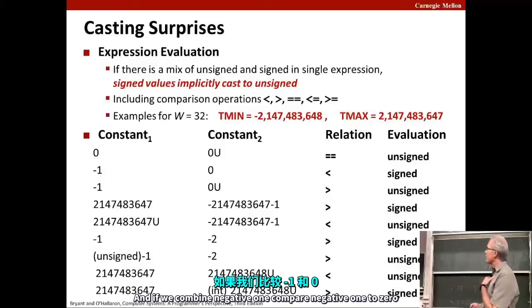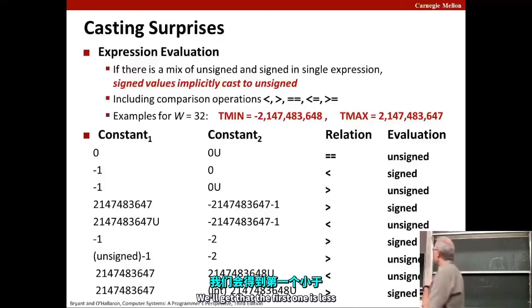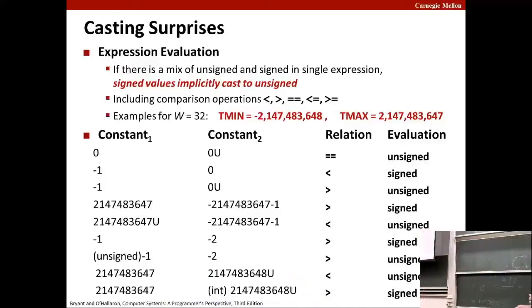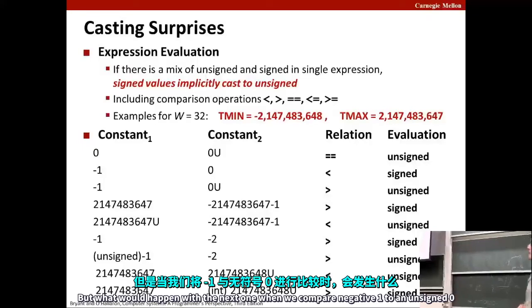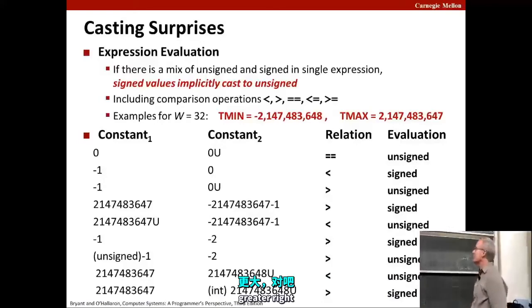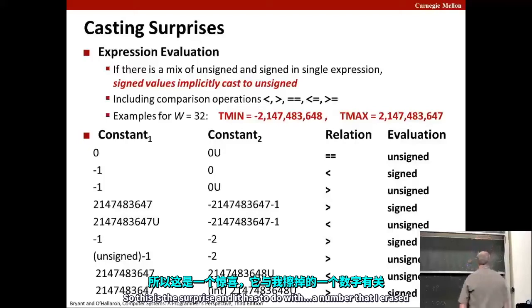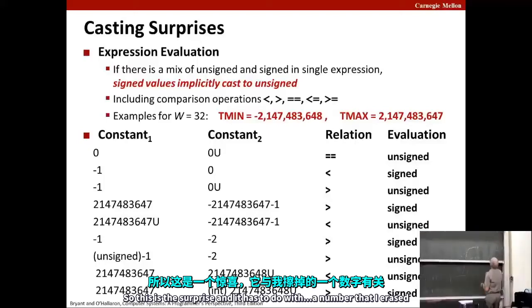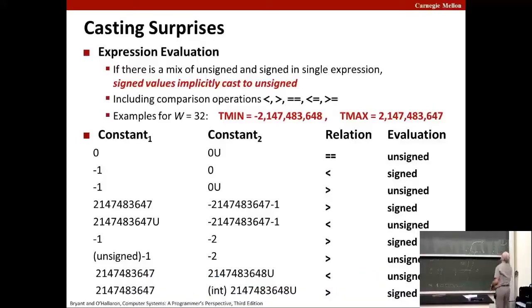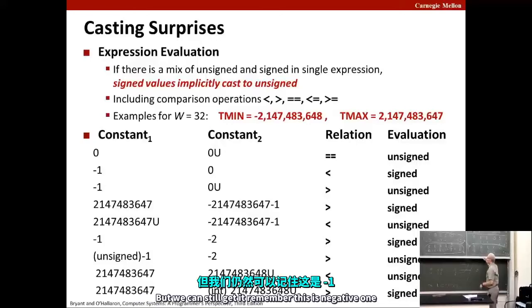And if we compare -1 to 0, we get that the first one is less, because -1 is less than 0. But what would happen with the next one when we compare -1 to an unsigned 0? Greater. Right? So this is the surprise. It has to do with a number that I erased, but we can still get it.